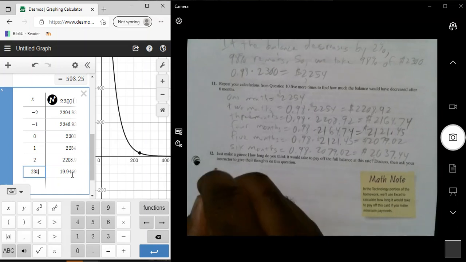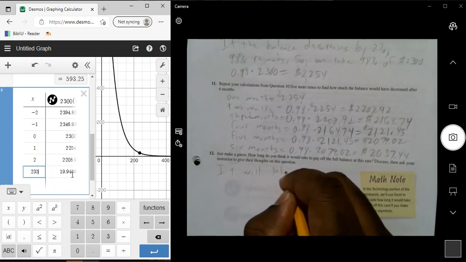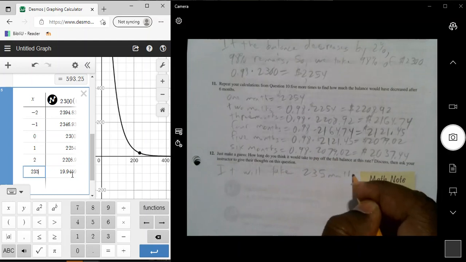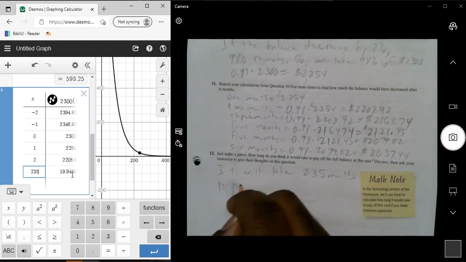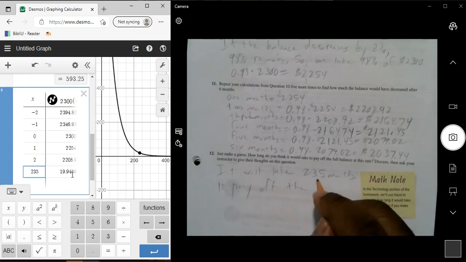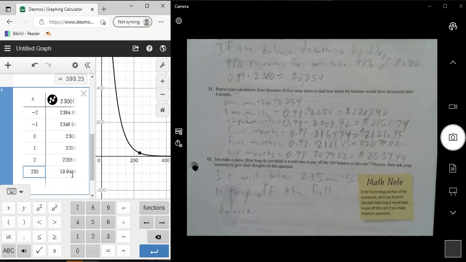So we could say it would take 235 months to pay off the full balance. So it's saying basically if you make minimum payments, you'll be paying almost 20 years to pay off whatever balance it was off of this card.